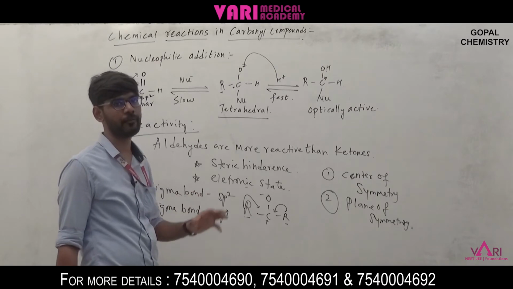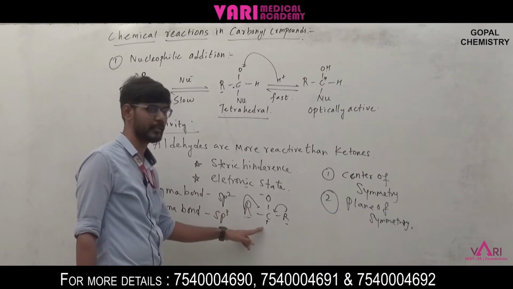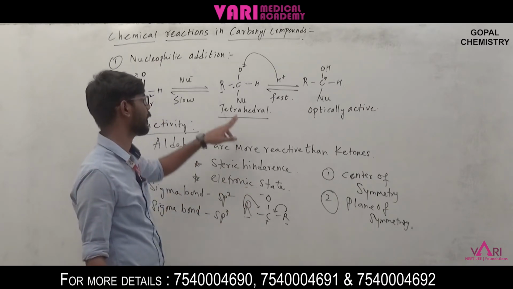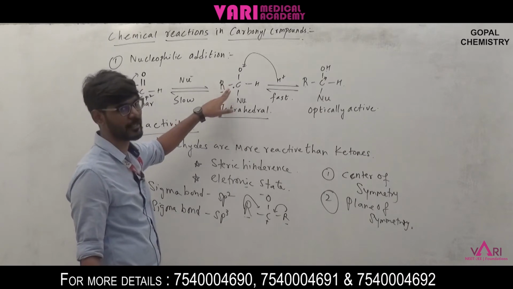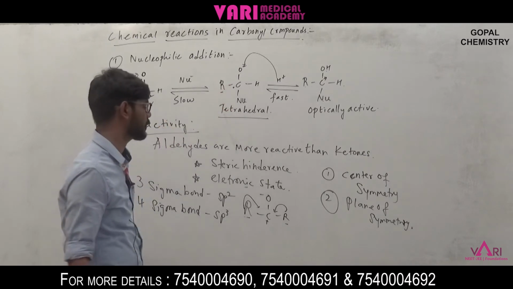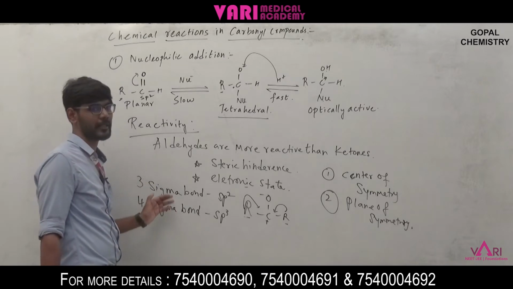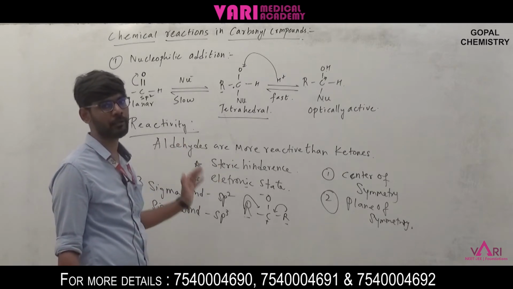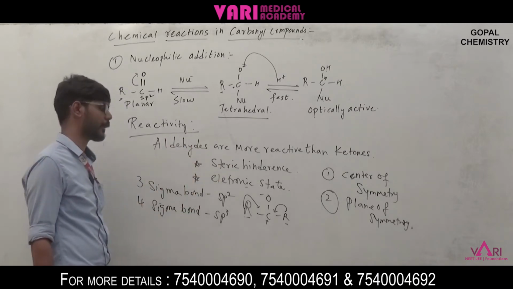So the rate of nucleophilic addition will be decreased in ketones, while it will be maximum in aldehydes. That's why aldehydes are more reactive than ketones in nucleophilic additions of carbonyl compounds.